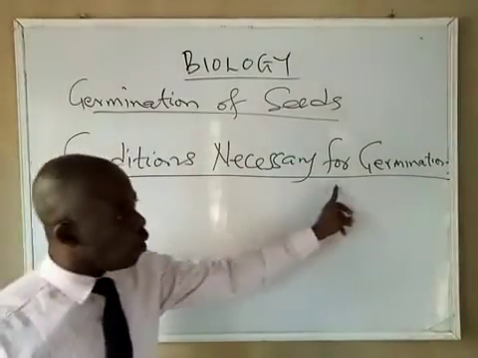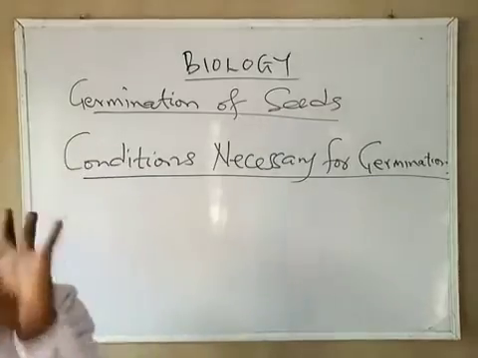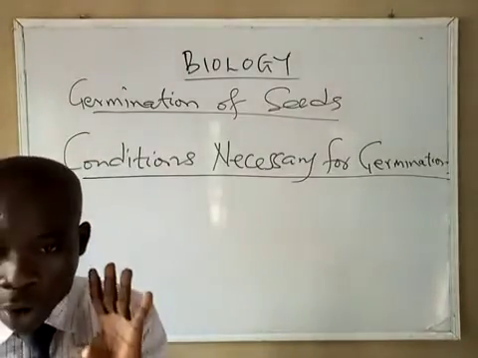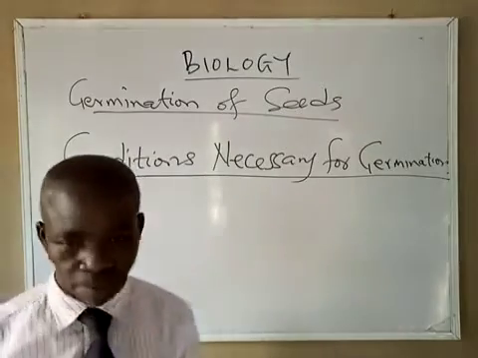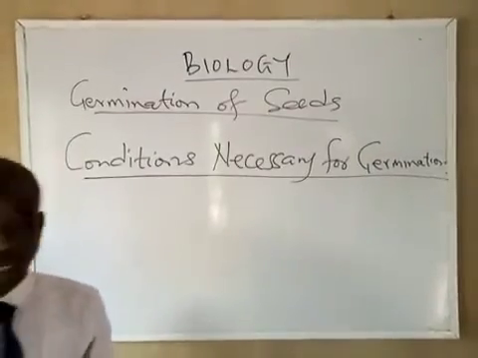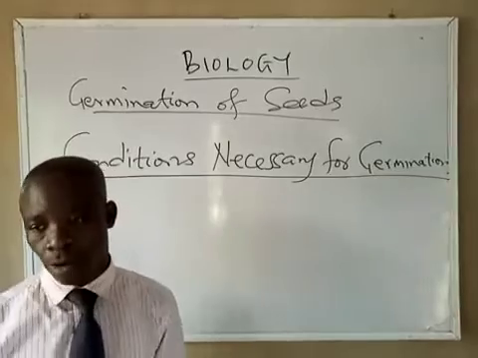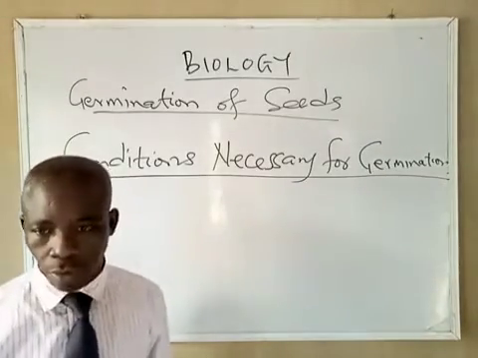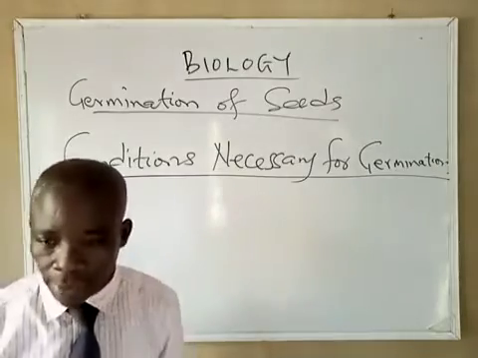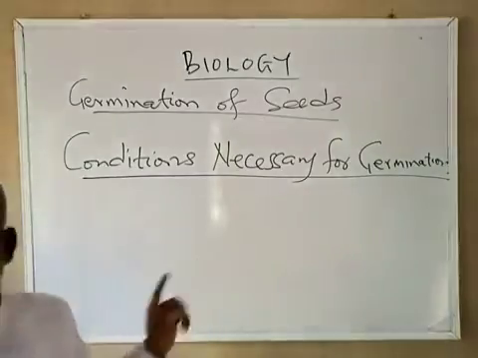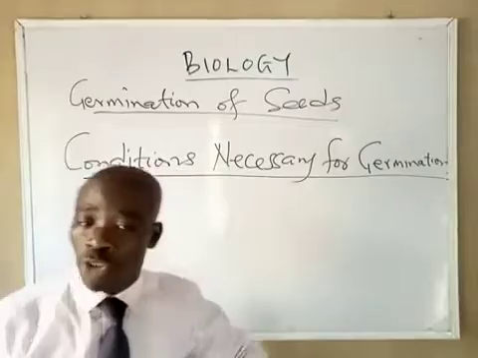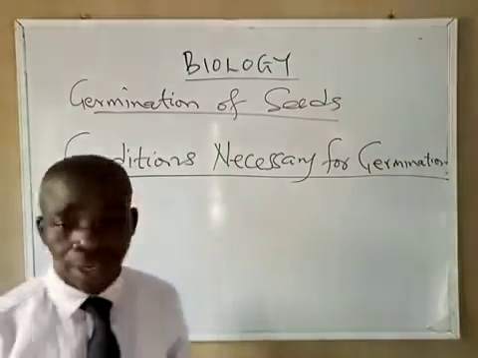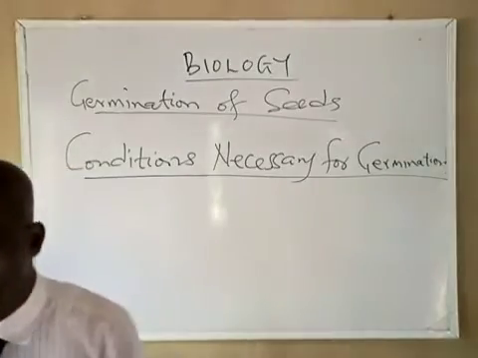There are 4 main conditions that are necessary for germination to take place. And these conditions must be met for any seed at all to begin to germinate. Now, the seeds that you keep at home, most of them eventually are turned to food that we eat, like our rice, like beans, like maize.